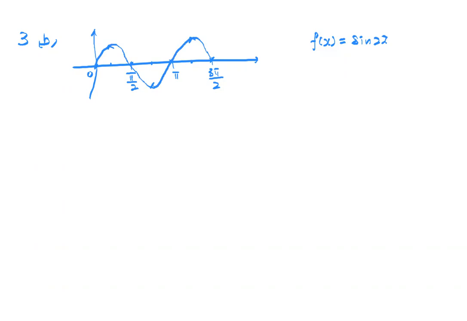So for x between pi by 2 to pi, f(x) is less than 0. Therefore, it is not a valid probability density function because the first criteria is not fulfilled. So that's why I say if you want to justify whether a function is a valid probability density function or not, first of all, you have to sketch the function.